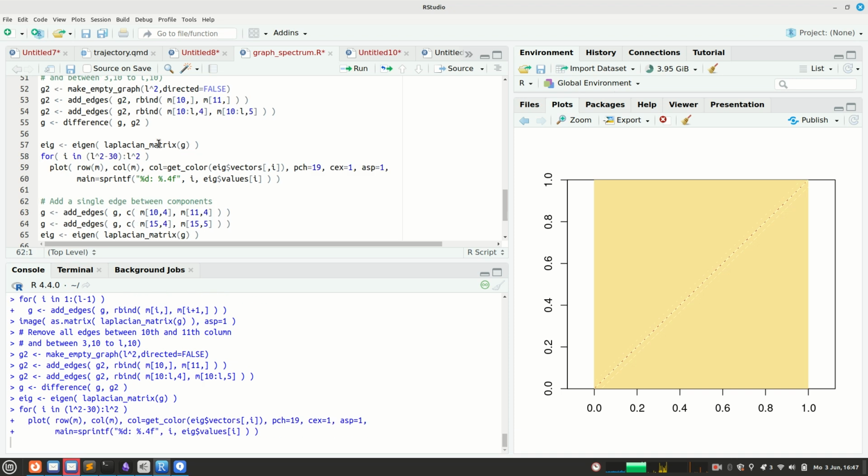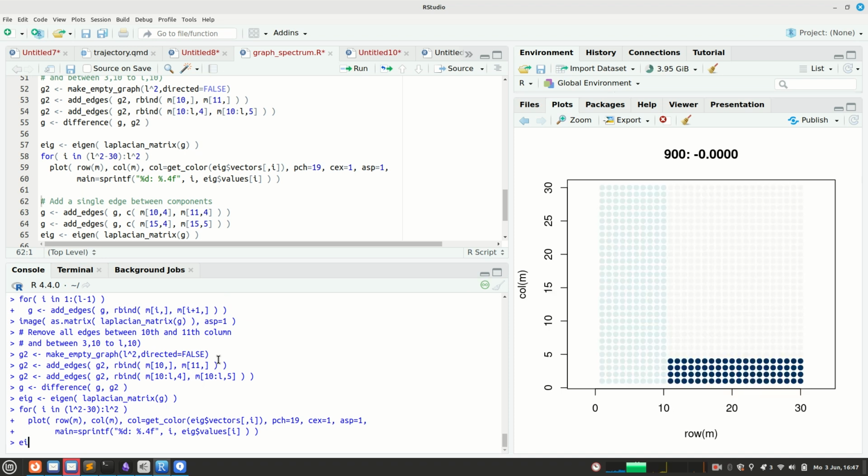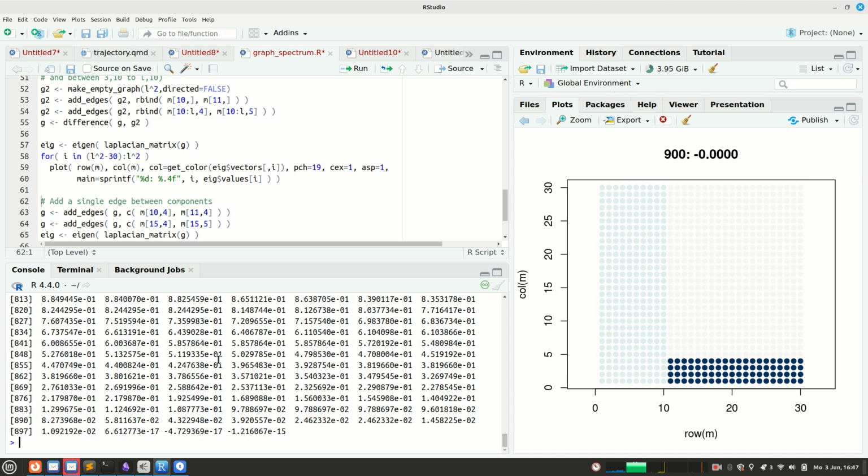And what now happens is, if I look at the eigenvalues, you will notice I have 3 zero eigenvalues instead of only 1, because I have 3 connected components which are disconnected from each other. And hence, obviously, if I put a lot of heat onto one of them and not onto the other components, the heat cannot flow into the other components of the graph.